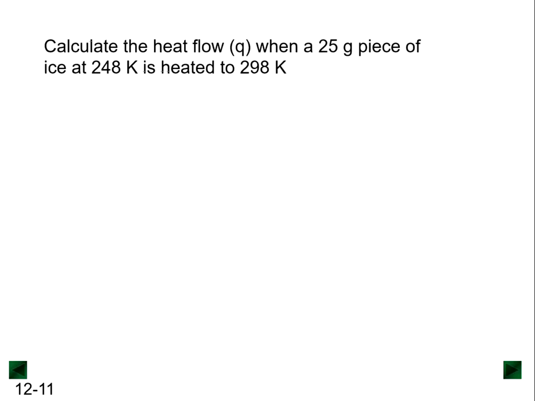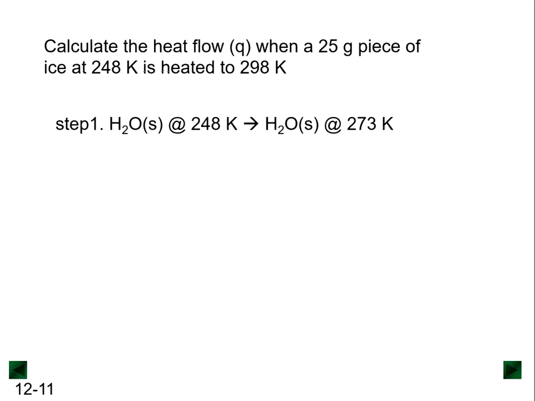We'll consider the ice or the water sample as the system. So we'll look at Q with respect to the water. And we know that there are 3 steps to this process. First, we heat the solid water from 248 Kelvin to the freezing point of water, which is 273 Kelvin.